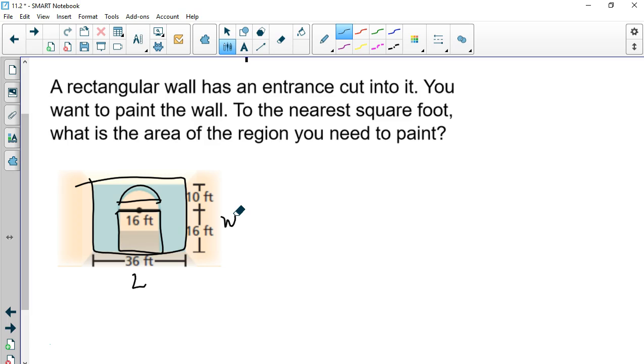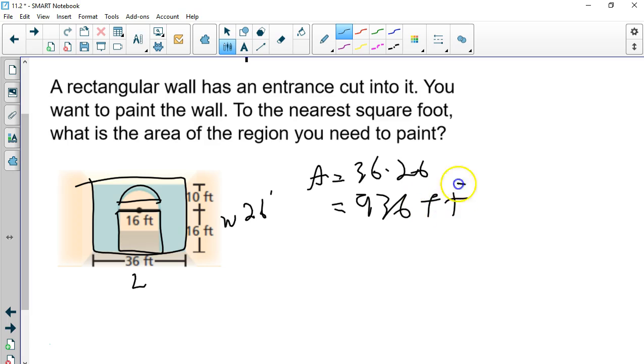The width is 16 plus 10, so 26 feet. So the area of the rectangle is 36 times 26. So that's going to be 936 square feet. That's the entire area.